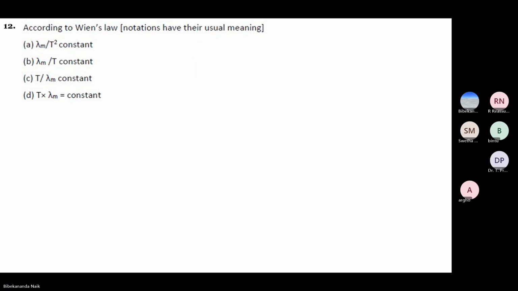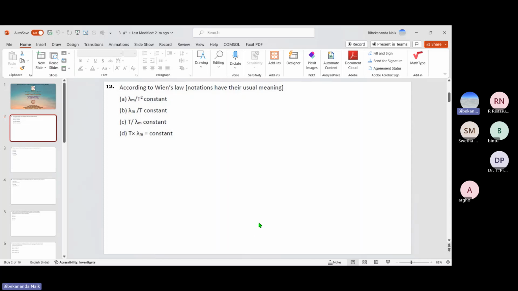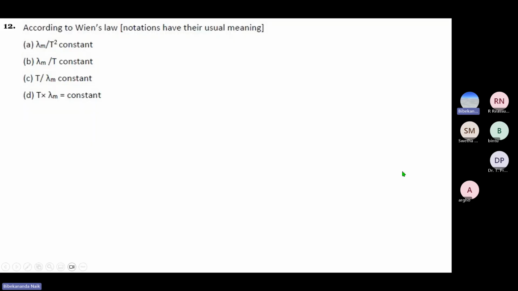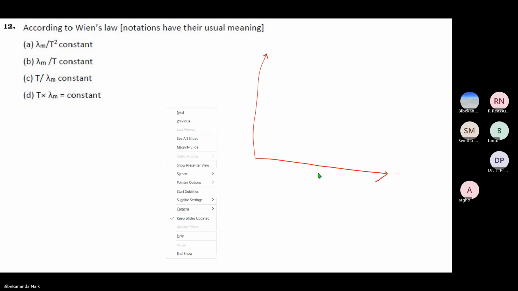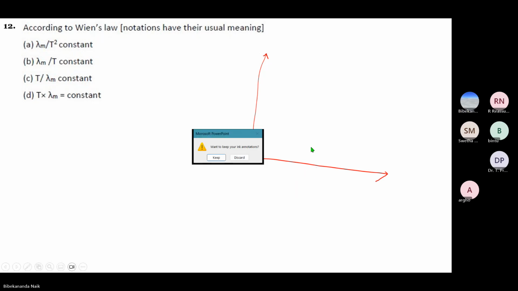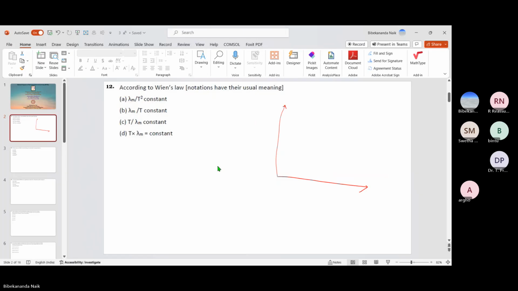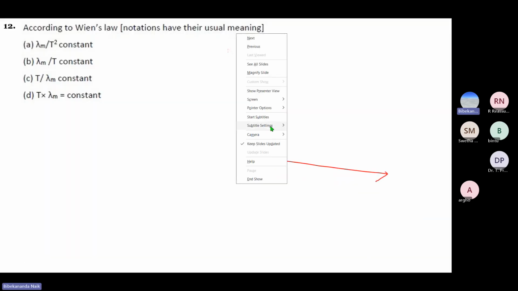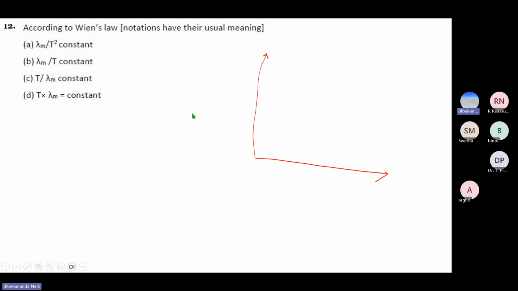Yes, someone was saying something. So if you see in the blackbody radiation curve, when we plot a blackbody radiation curve, suppose this is the blackbody radiation curve. In x-axis, one minute.